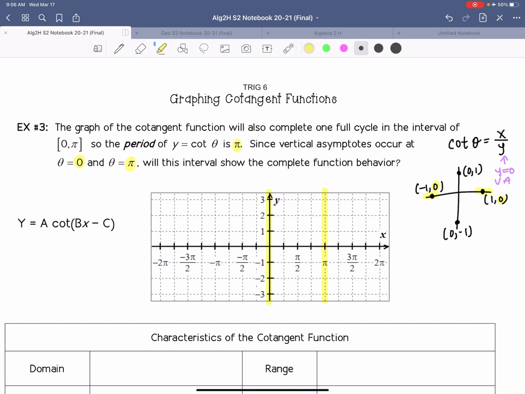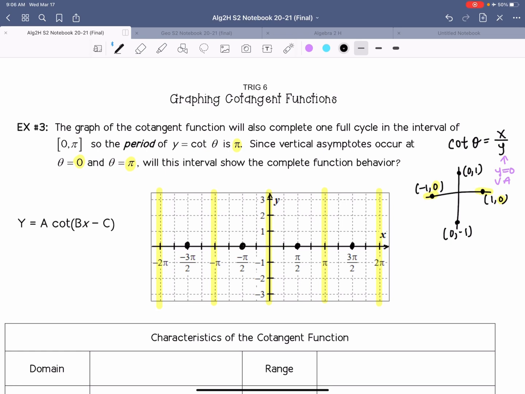Again, it's still going to be a distance of pi away because the period on cotangent and tangent is pi. So all my asymptotes are a distance of pi away from each other. And then the only difference is, again, this is going to be snaking in a negative direction instead of a positive direction. But other than that, same. So you go right in between your vertical asymptotes, put your middle one.